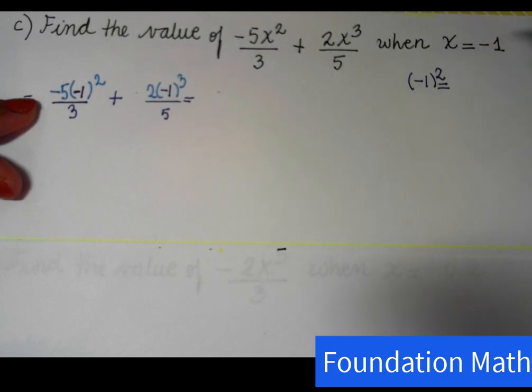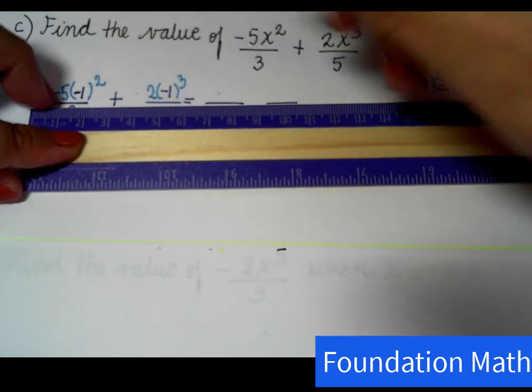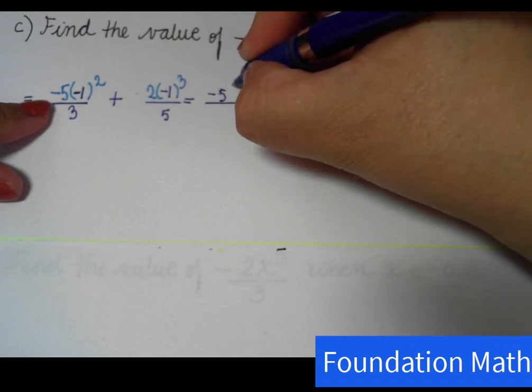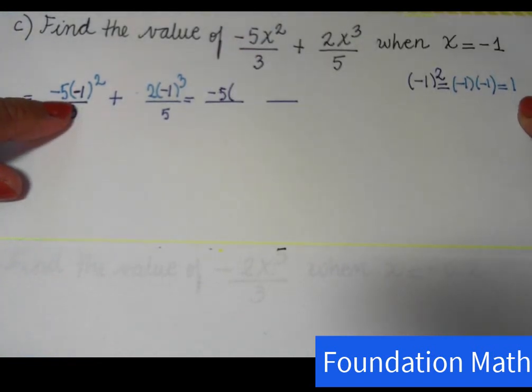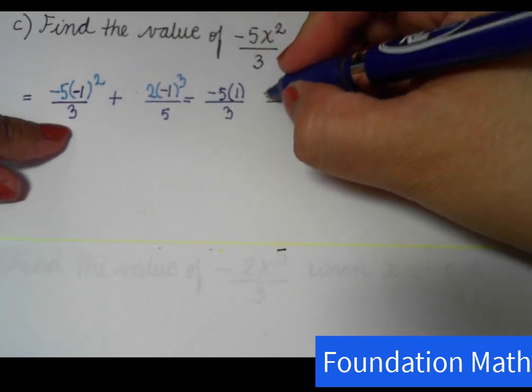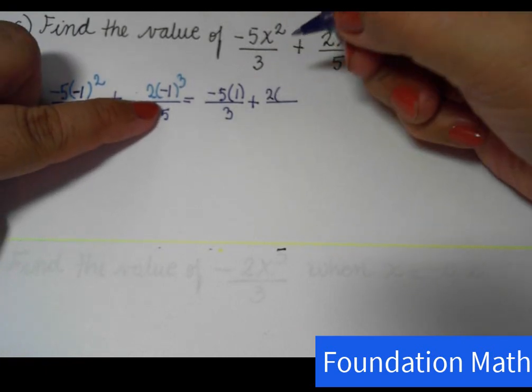Now we have to work here the value of negative 1 squared. Negative 1 squared is equal to negative 1 times negative 1, and negative times negative is positive. 1 times 1 is 1. So now we have to write again the two fractions. So negative 5 times, and negative 1 squared is 1, over 3, plus 2 times, now we have to find negative 1 cubed.